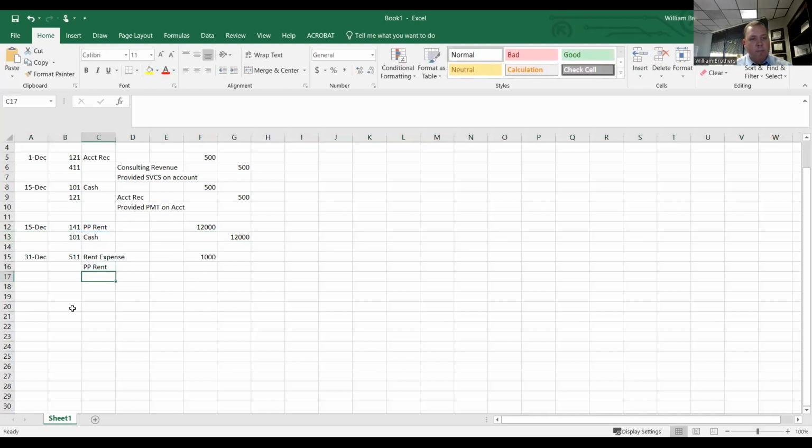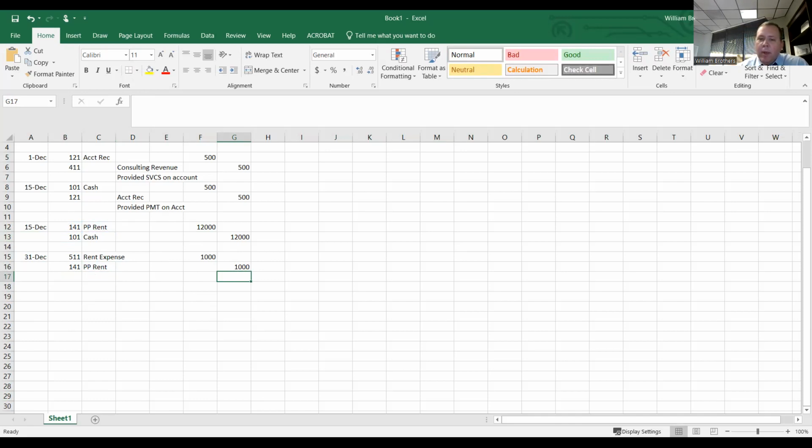And there's a reason for that. At this point in time, I have used up one month's worth of rent. So now the value of this asset is diminished by $1,000. So what was at one point in time a $12,000 asset is now an $11,000 asset. And the following month, it'll be $10,000 and so on and so forth until prepaid rent is down to zero.